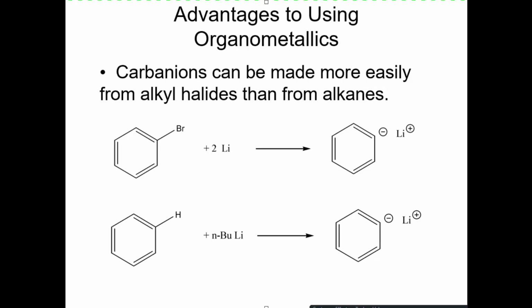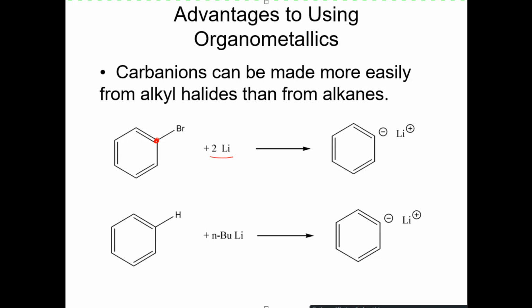So the advantages of using these types of organometallics is that it is very easy to convert the carbon that's attached to the halogen into a C minus, and any carbon can be used, even a carbon attached to a double bond. So if you wanted to turn a benzene ring into a C minus, you would just react this bromobenzene with lithium metal, and you can make the carbanion.